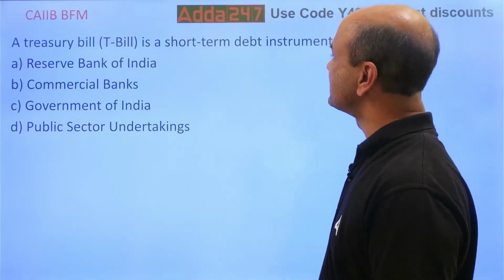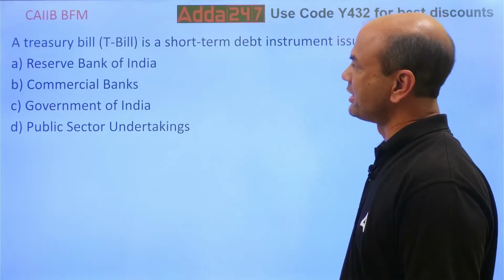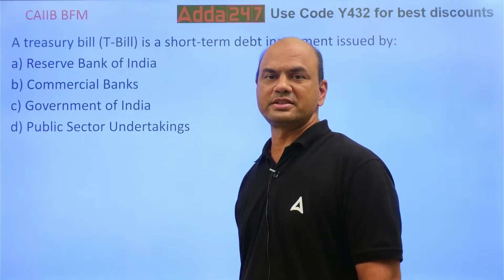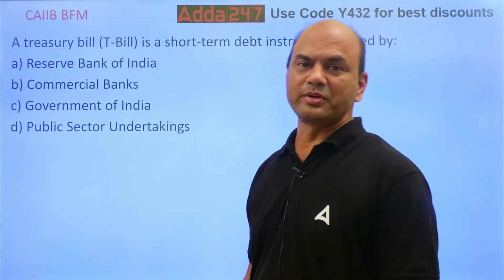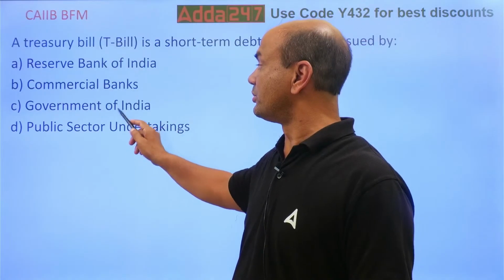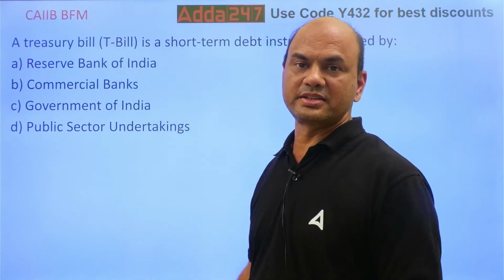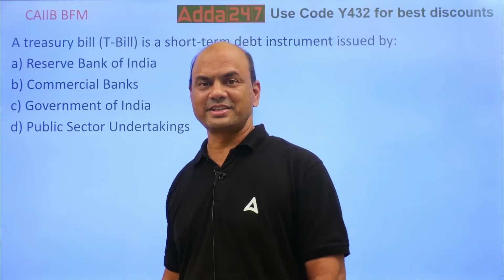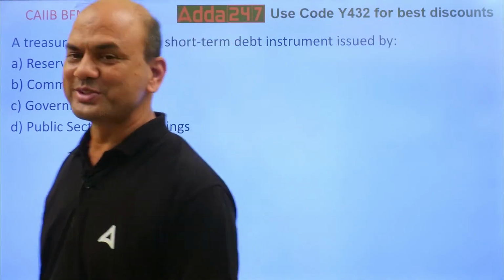The treasury bill is a short-term debt instrument issued by RBI, commercial banks, Government of India, public sector banks. So T-bills are issued by whom? Who issues the treasury bills?